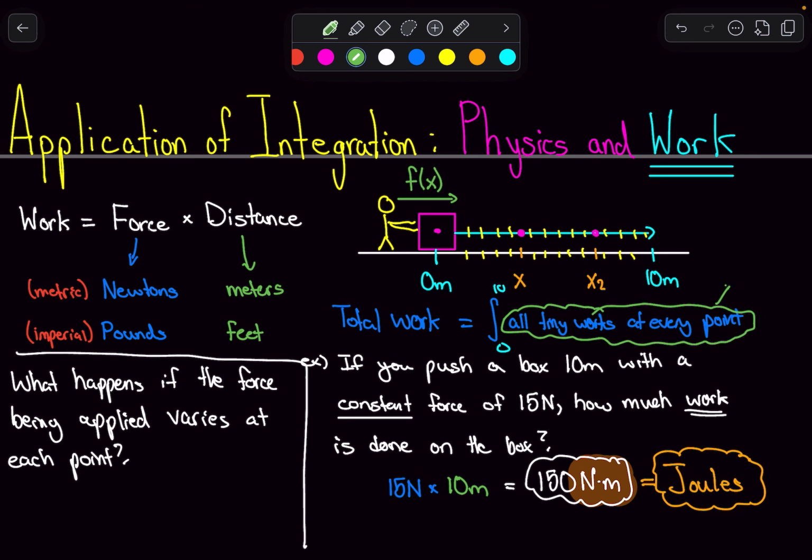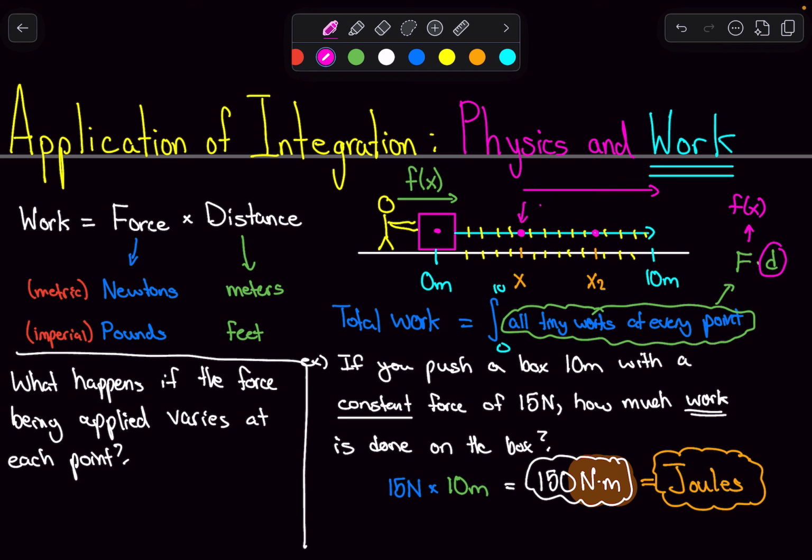And work is still force times distance, right? It's still force times distance. But now the force that we are exerting varies. This force is given by the function f of x. And the question is, well, how far am I going to be pushing the box? If I'm talking about the box when it's here, am I talking about all of the energy it takes to push the box the rest of the distance?